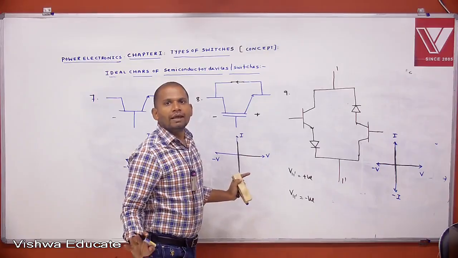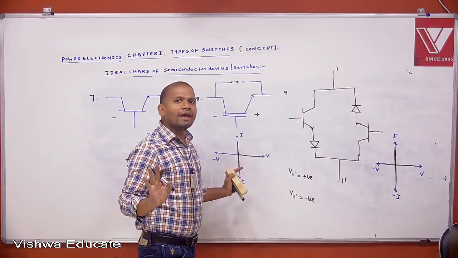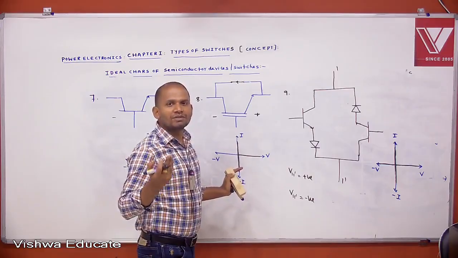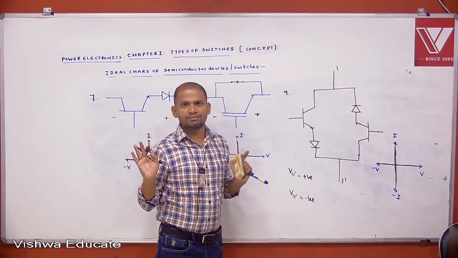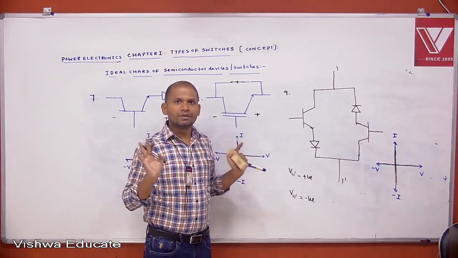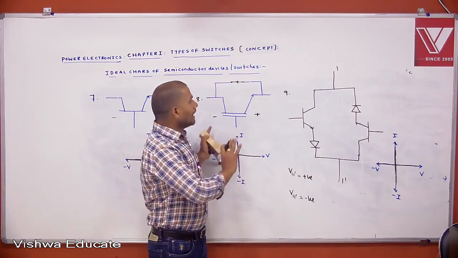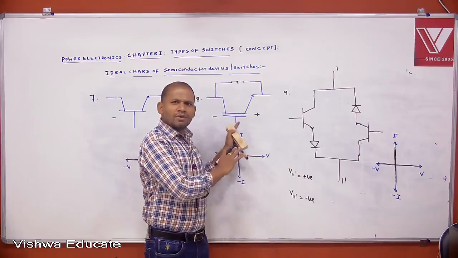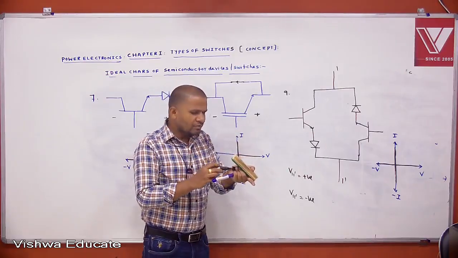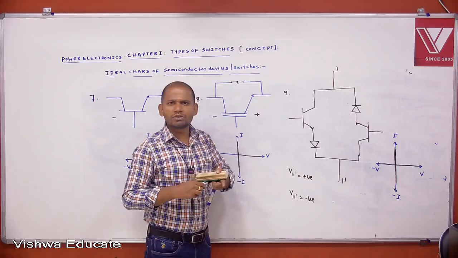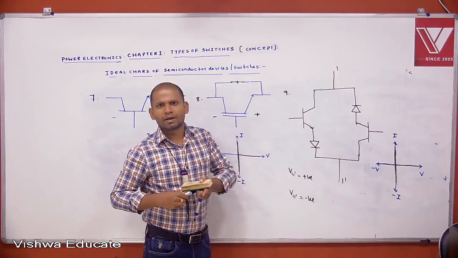Understood? Like this, we can draw the ideal characteristics of any power semiconductor device. This is one concept. Based on this concept, questions are already framed in competitive exams. We will see some problems also in the practice session.